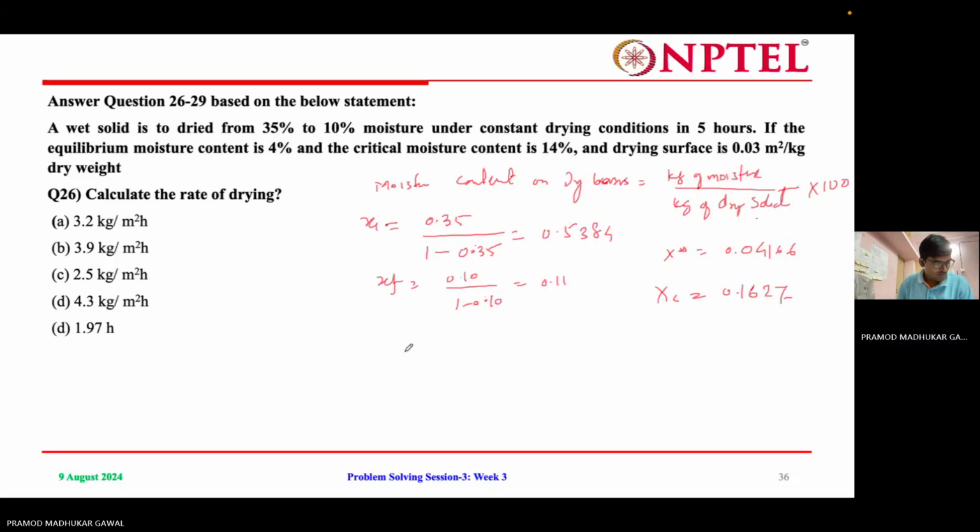So here we have to calculate the rate of drying, NC, which is equal to W by A into T, times Xi minus Xc, right?